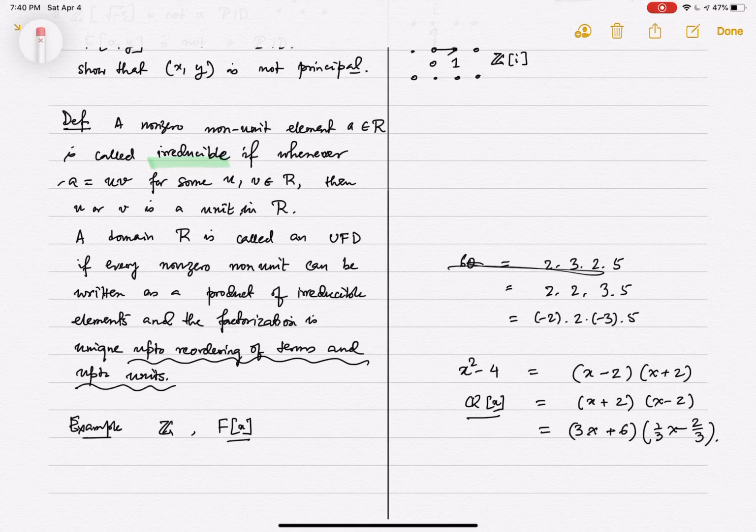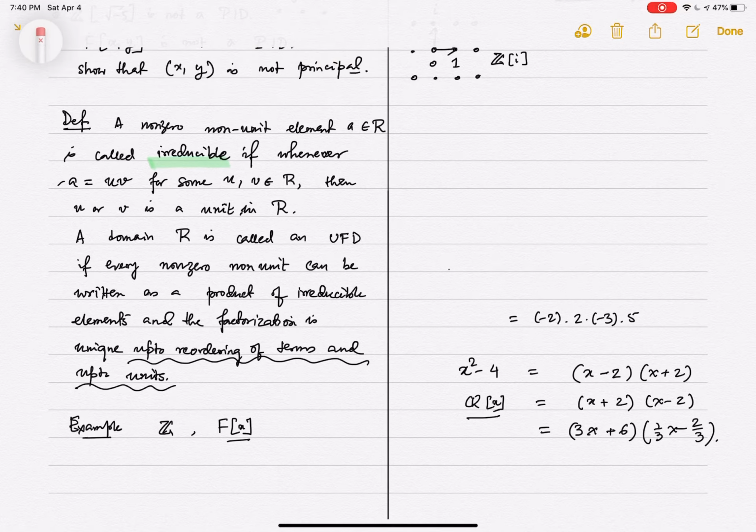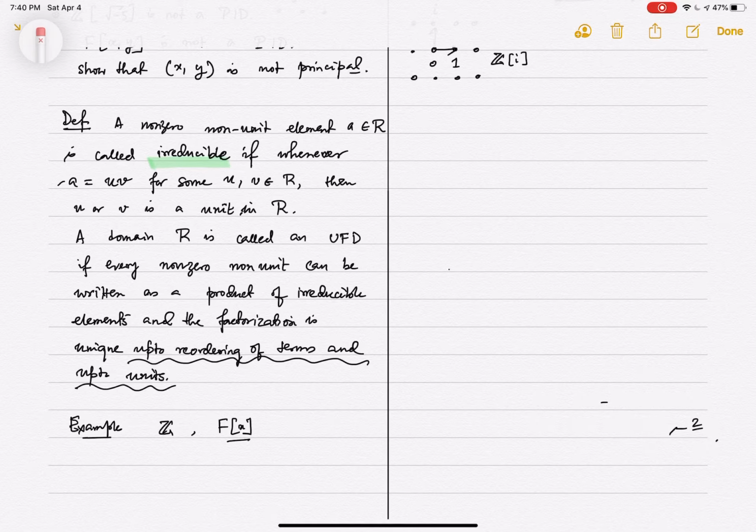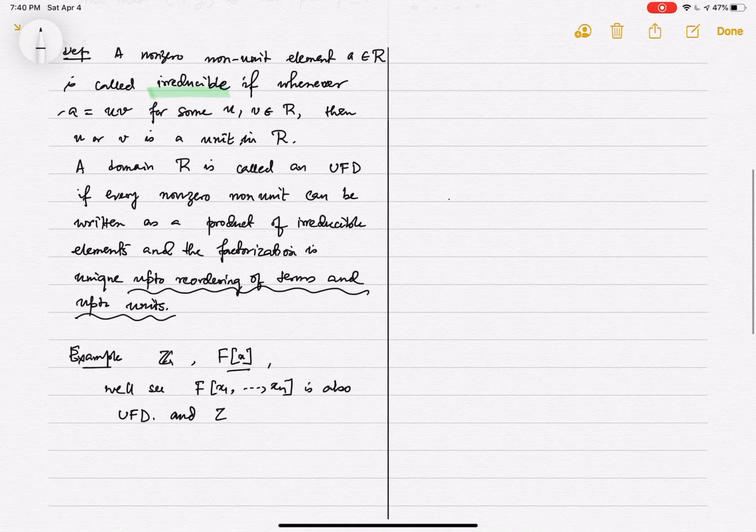So this is saying that every non-zero non-unit has an irreducible factorization, like we have seen in the two prime examples. I mean, we'll give more examples later. We'll see that F[x1, x2, ..., xn] is also a UFD. And this one that we said, this is a good example I told you to remember, is not a UFD.